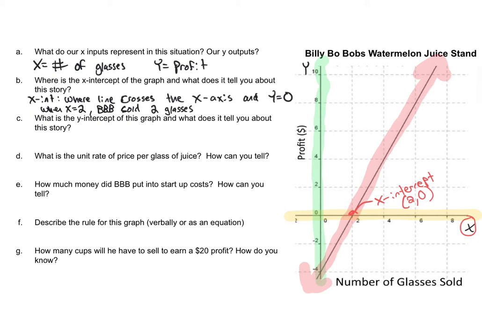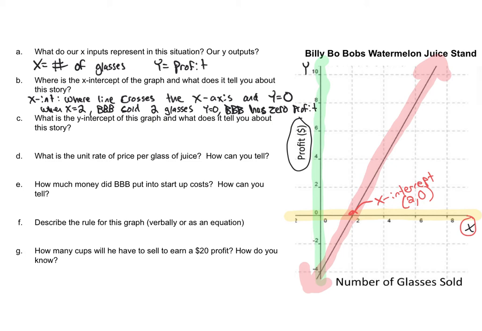When y is 0 and y is our profit, that means Billy Bo Bob has 0 profit.